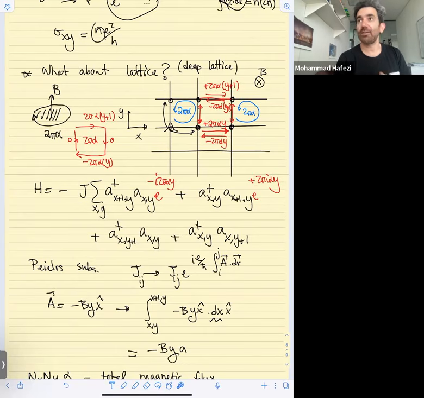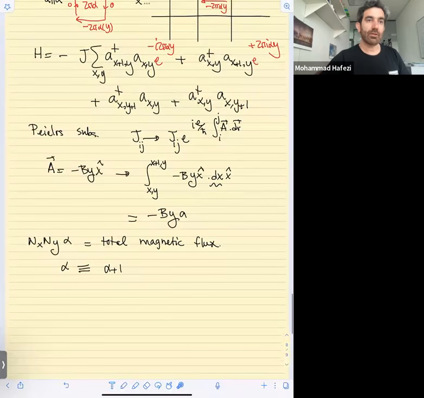And if you do that, even if the particle is neutral, it feels the same Hamiltonian. So it should experience the same physics, the same dynamics.